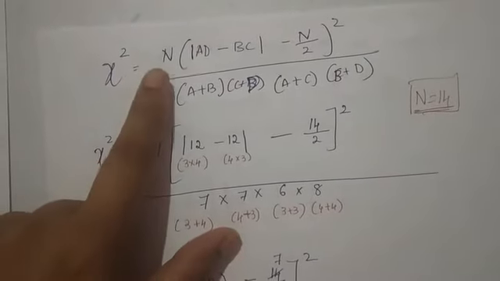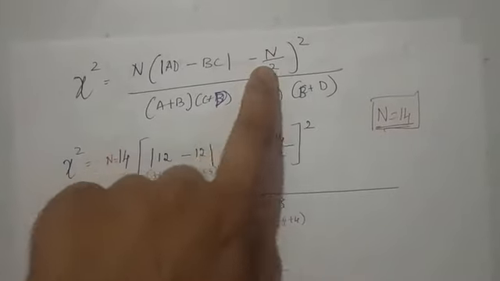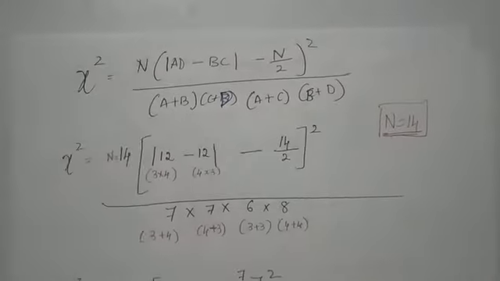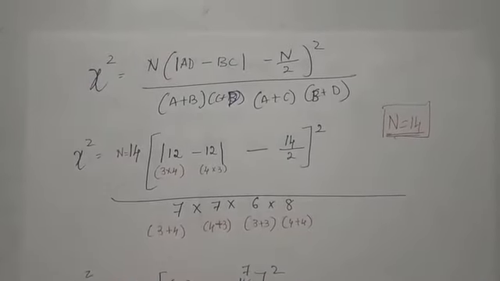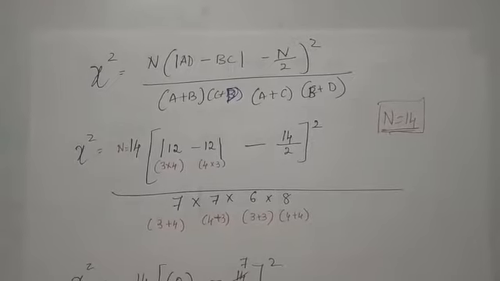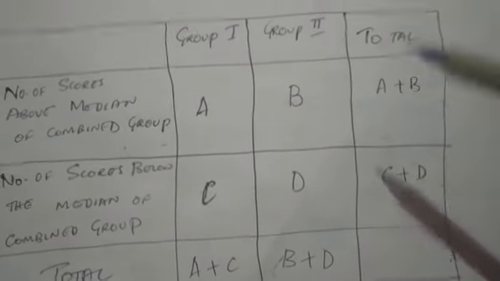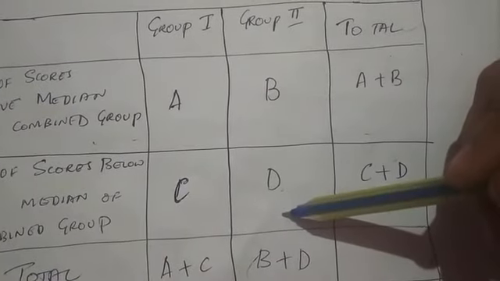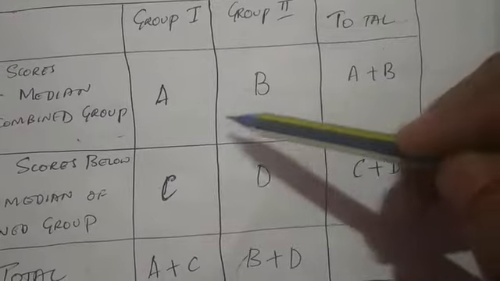Chi-square is equal to n into AD minus BC minus n by 2 whole square divided by A plus B, C plus D into A plus C into B plus D. So on the numerator side, the number of scores is multiplied with AD minus BC.